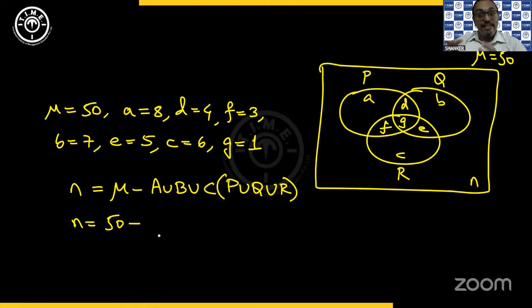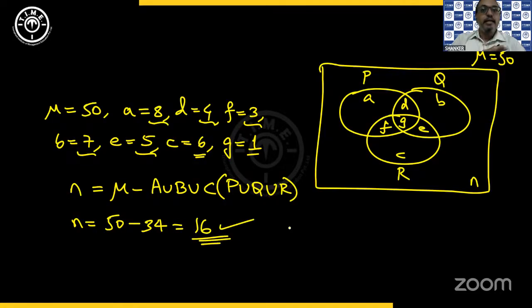When you understand the region representation, it becomes easy to know what it is. Okay. So 50 minus, you add all the values. So we have 8 plus 4, 12, plus 3, 15, 15 plus 7, 22, 22 plus 5, 27, 27 plus 6, 33, plus 1, 34. So the N value is 16. It means 16 families did not subscribe to any of the 3 channels.